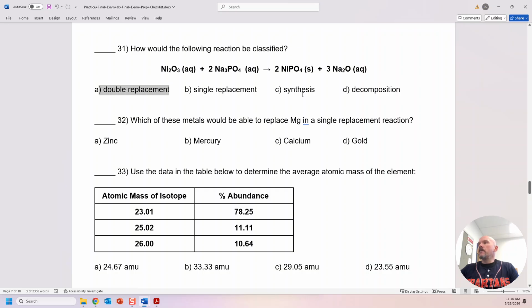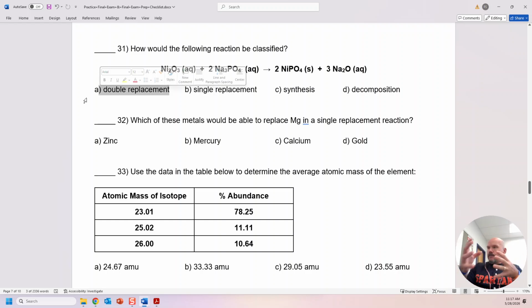But what we want to be careful about is remember, instead of double replacement, it might be that a precipitate forms, or precipitation. And we did get a precipitate. So if it was a precipitation reaction, they wouldn't give you both double replacement and precipitation, or double replacement and acid base neutralization, right?